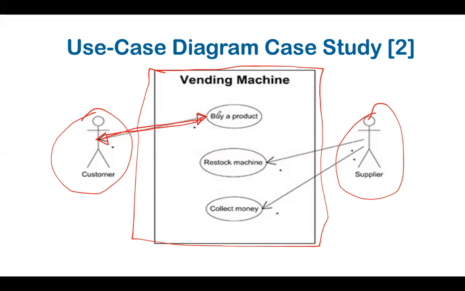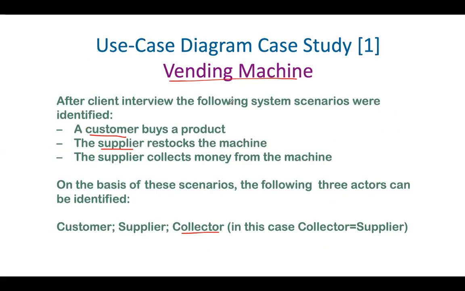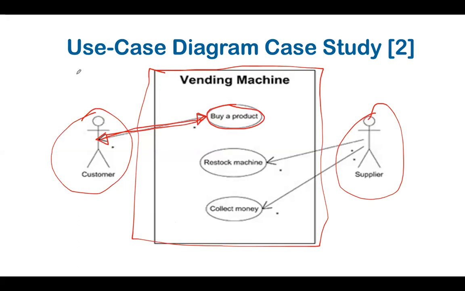The relationship between the customer and this use case, like I told you, these use cases are generated from what a system should offer. That is why the customer buys a product, and that is why we have this use case as buy a product.